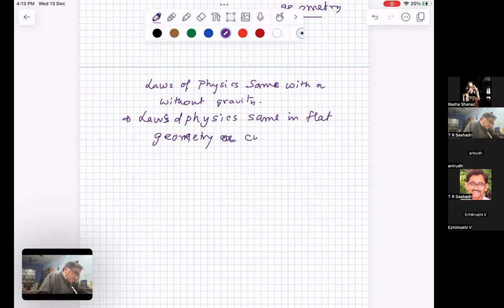Now, I should say what is curved geometry. Here, when I say geometry, it does not mean just spatial geometry. In the spirit of relativity, my geometry consists of 4 coordinates: X, Y, Z, and T.